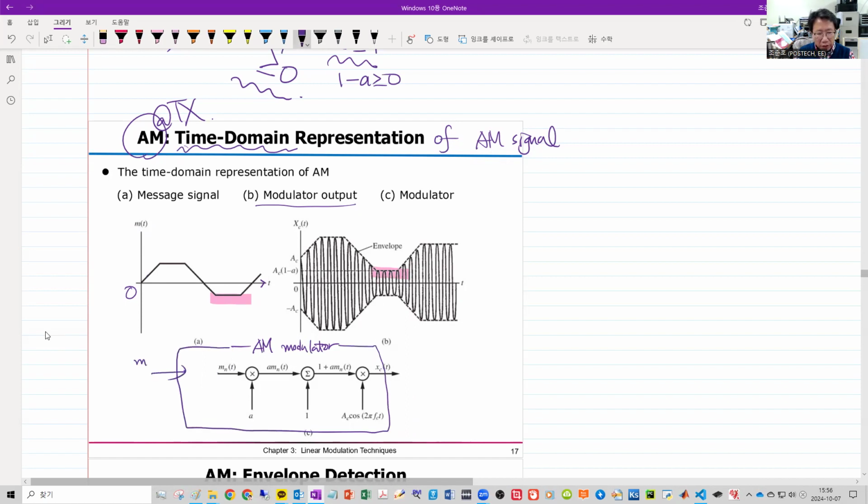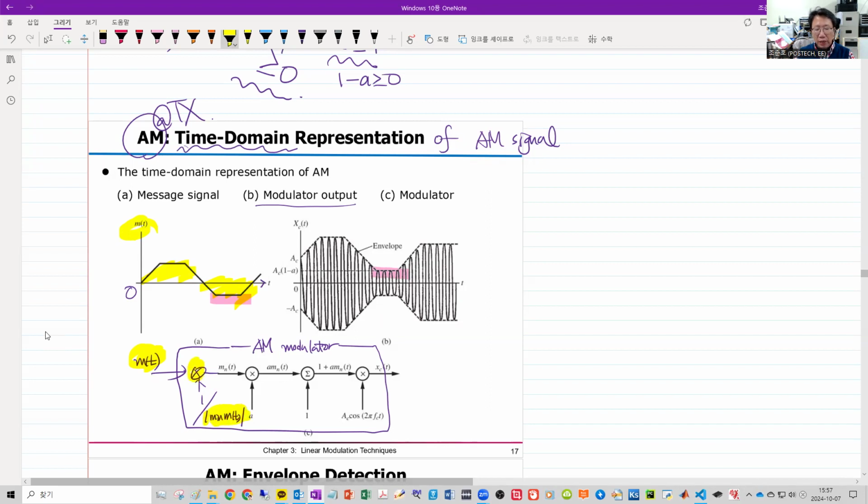We must say the input is m(t), and here is the scaling. So we have the input message signal. It could be positive, it could be negative at some time instant. And suppose mathematically we can find the absolute value of the minimum of m(t).